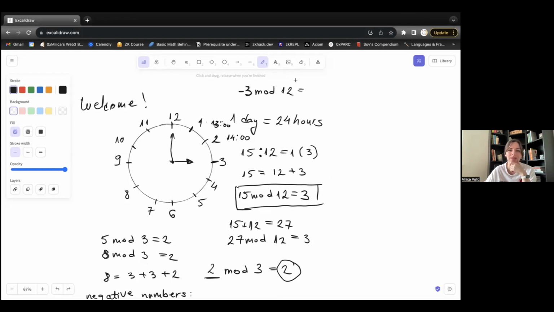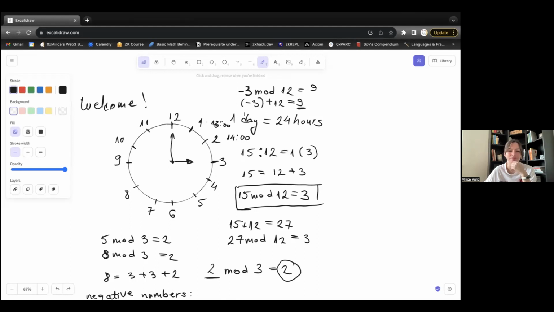So what would that yield? We can go in the opposite direction from our 0, and we can count 1, 2, 3, and it will be 9. But how so? You can tell it this way: -3 plus 12, in the end, it equals 9.